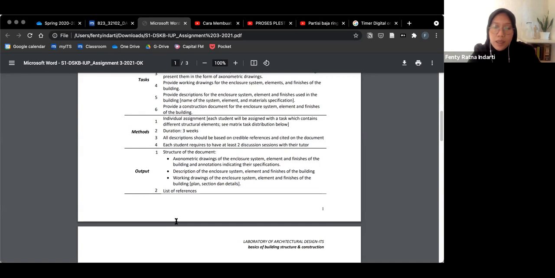And then at the end of these pages, you need to put a list of references. If you use certain products or certain materials that need, for example, explanation about specifications and other characteristics, you need to insert the sources inside the drawing so that we can see whether it is a robust source or not.